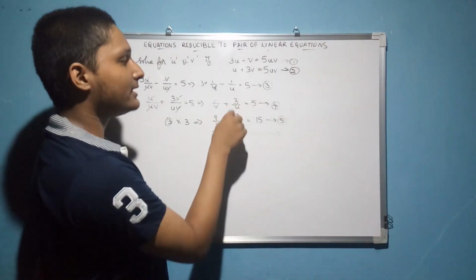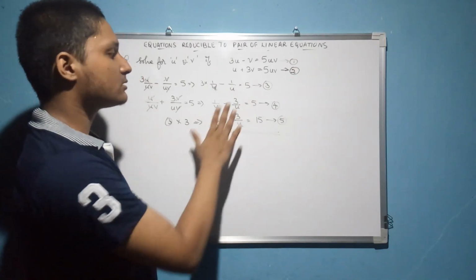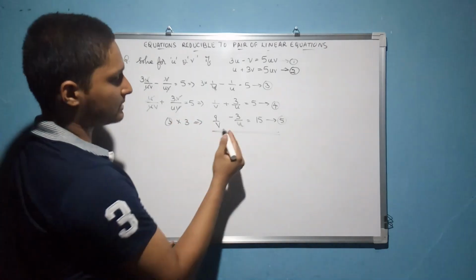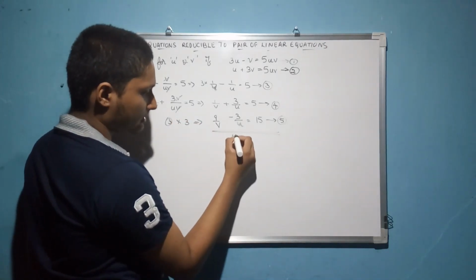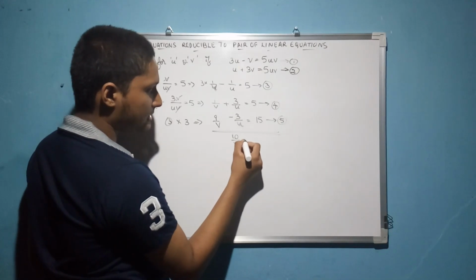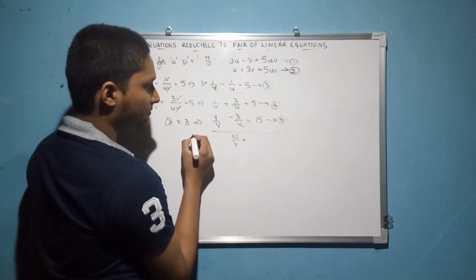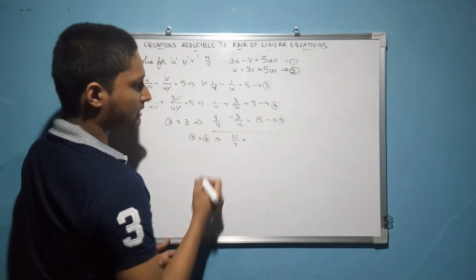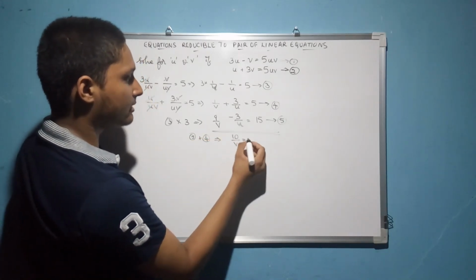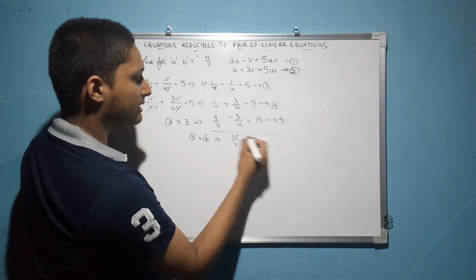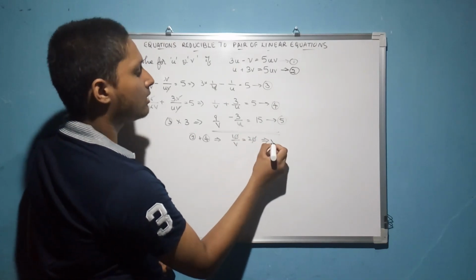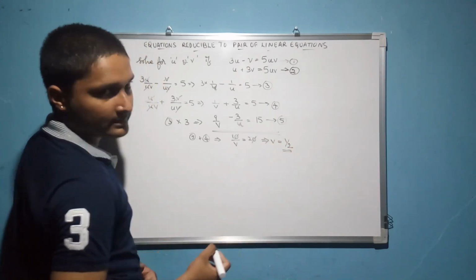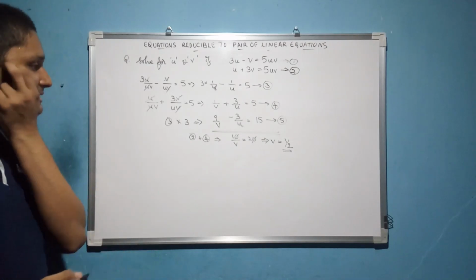I was going to eliminate 1 by u over here, so better I'll take this one itself. So 9 by v plus 1 by v is going to be 10 by v. 10 divided by v is equal to 15 plus 5. Here I need to write that it is 5 plus 4 to make it clear what I have done here. So it is going to be 10 by v is equal to 20. Therefore 1 by v is equal to 2, or v is equal to 1 by 2 is what you are going to get. Okay, that is the first part.